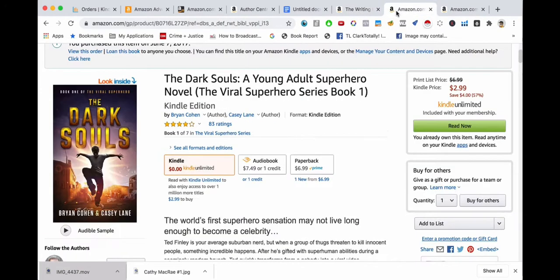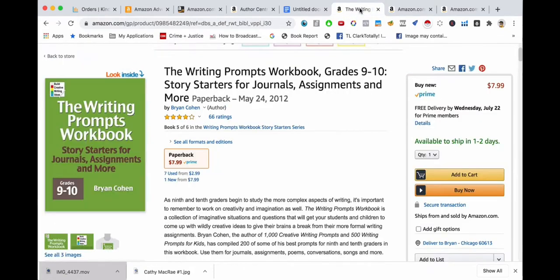Now, with my Viral Superhero series, I listened to the numbers, and Ted Saves the World wasn't cutting it. But here, I did not look at the numbers. I did not know the numbers. So you need to learn your numbers. You need to look at your data, because your data is going to tell you the story of what to do next. And it's going to tell you whether or not what you've done has changed things.